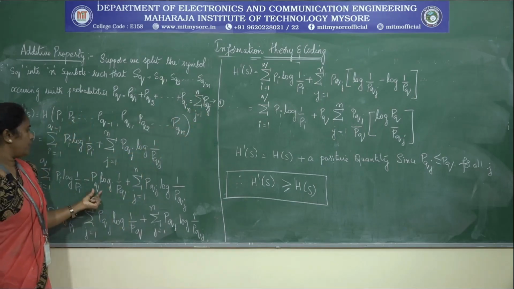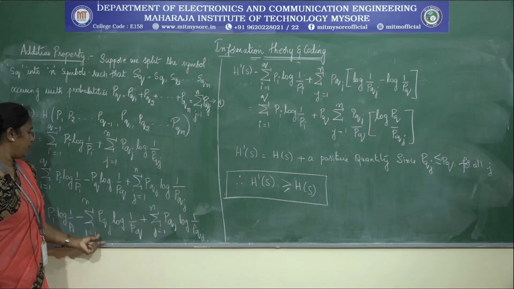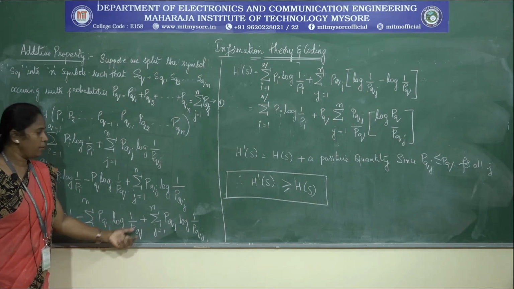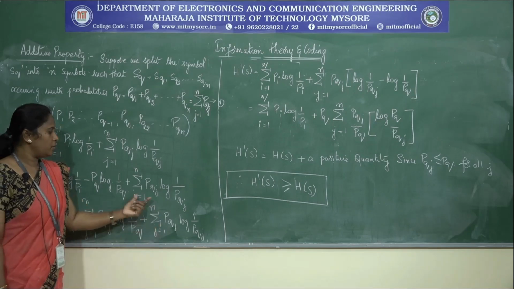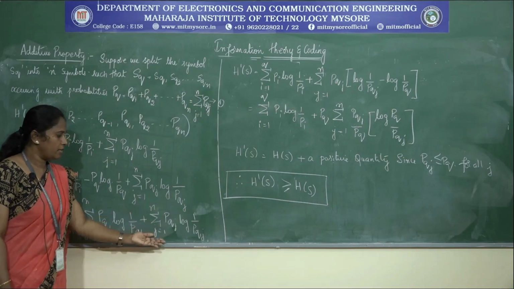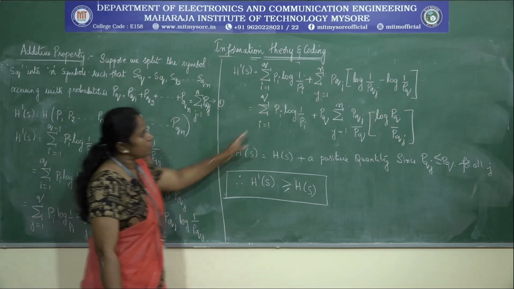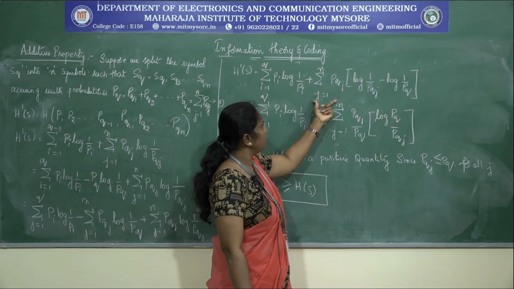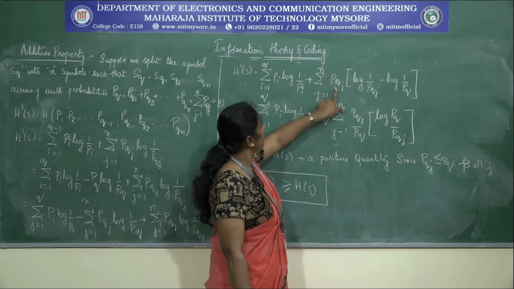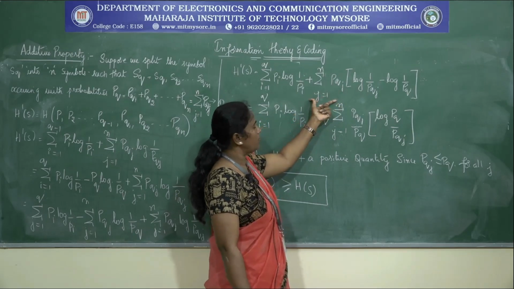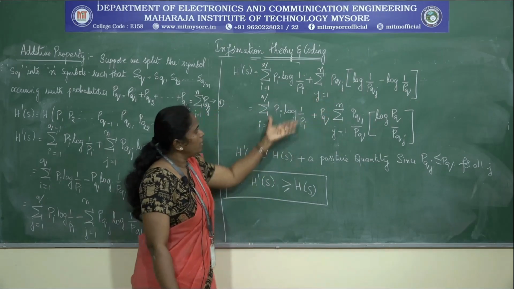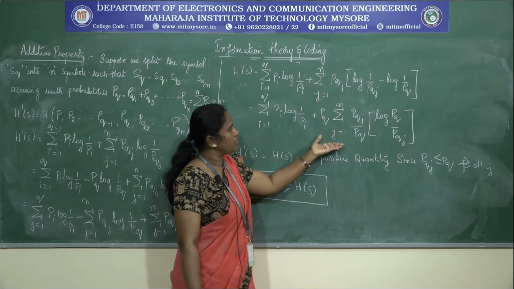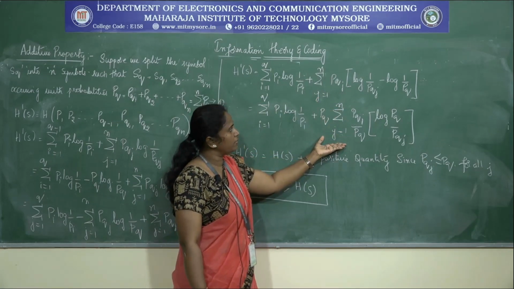So that's why here we have replaced the value of Pq by summation of j is equal to 1 to n Pqj log of 1 by Pq plus summation of j is equal to 1, whatever the equation we have, we have written as it is. Now, the common thing we have removed here is summation of j is equal to 1 to n Pqj. So removing the common term outside, the equation further gets simplified like this.